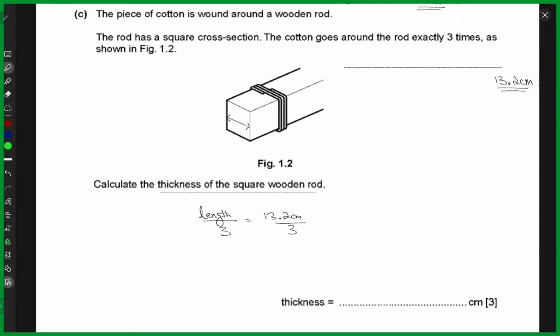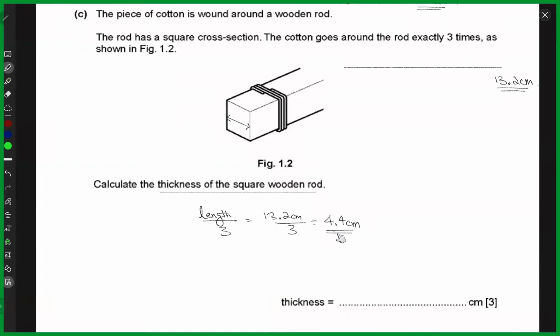So I'll divide the total length of the cotton by 3 because it wrapped around 3 times. Once I divide this by 3, it will give me 4.4 centimeters. This 4.4 centimeters is that length.